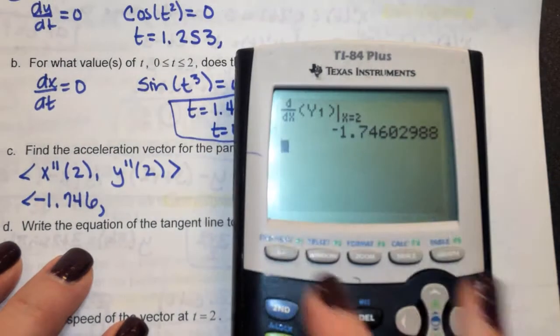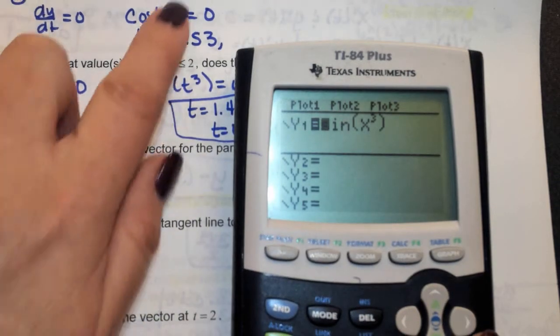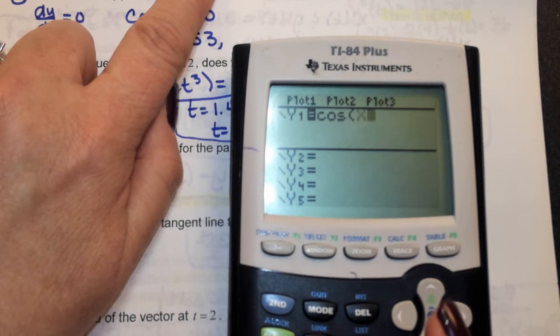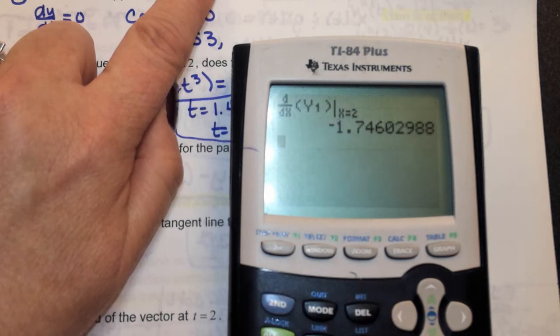And then go back to your y equals and type in the dy/dt, which is the cosine. Go back to your home screen. And again, I can just save time and do second recall. If I hit second enter, it will automatically bring back what I previously typed in, so I don't have to retype it, though you can if you want.